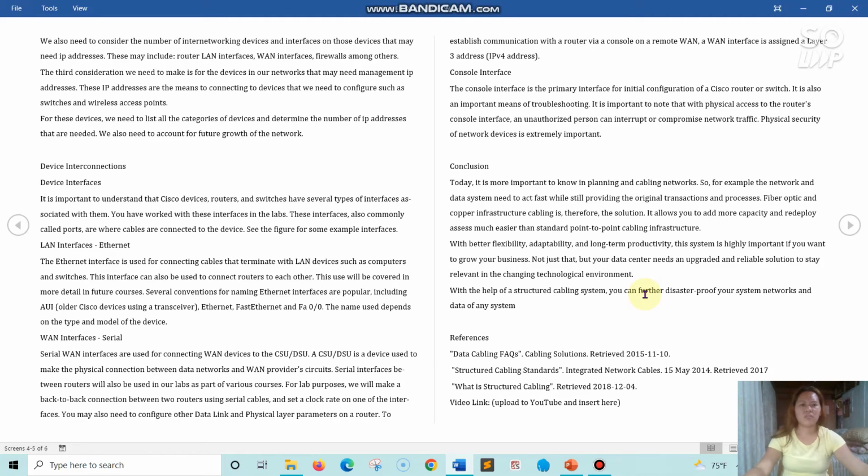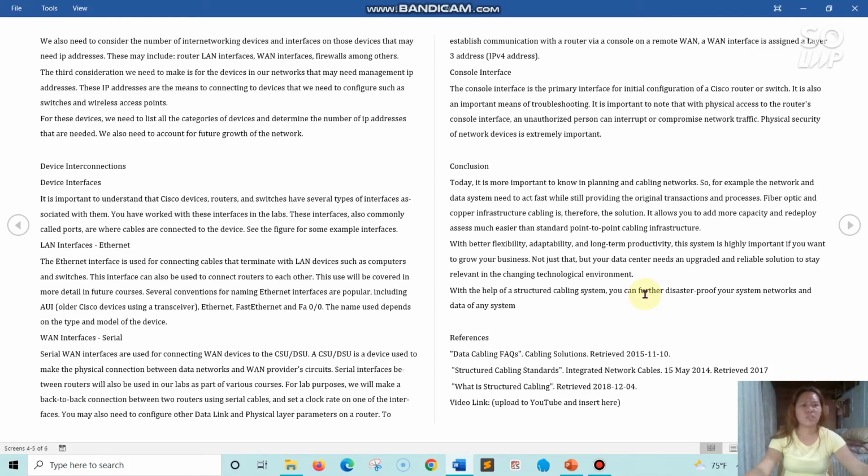To establish communication with the router via the remote WAN, a WAN interface is assigned a layer 3 IPv4 address. The console interface is the primary interface for initial configuration of the Cisco router or switch. It's also an important means of troubleshooting.